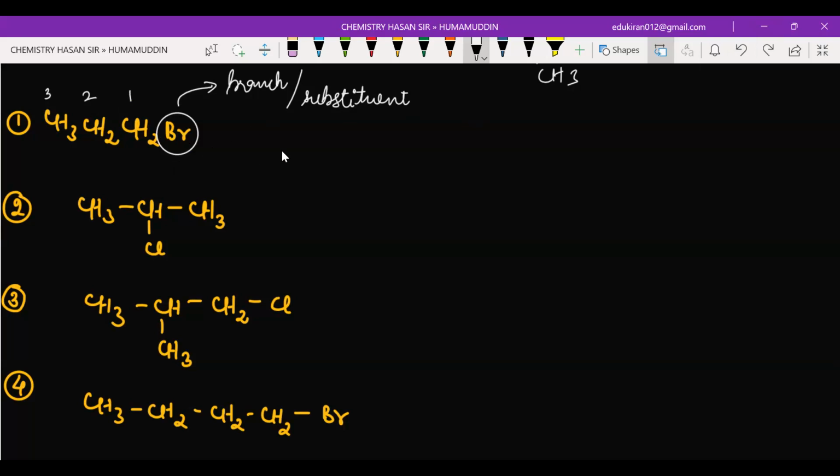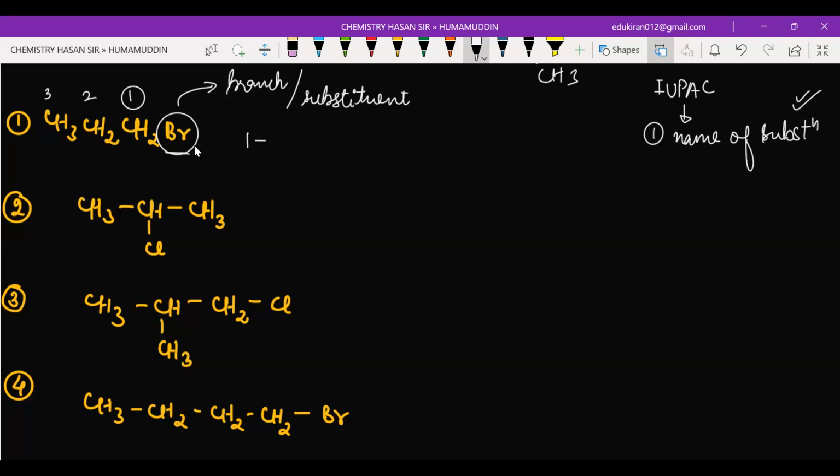Now whenever you write the IUPAC name, first you write the name of the substituent or branch. So you can see this is your substituent, and at what position? It is at position number 1. It is connected with carbon number 1.